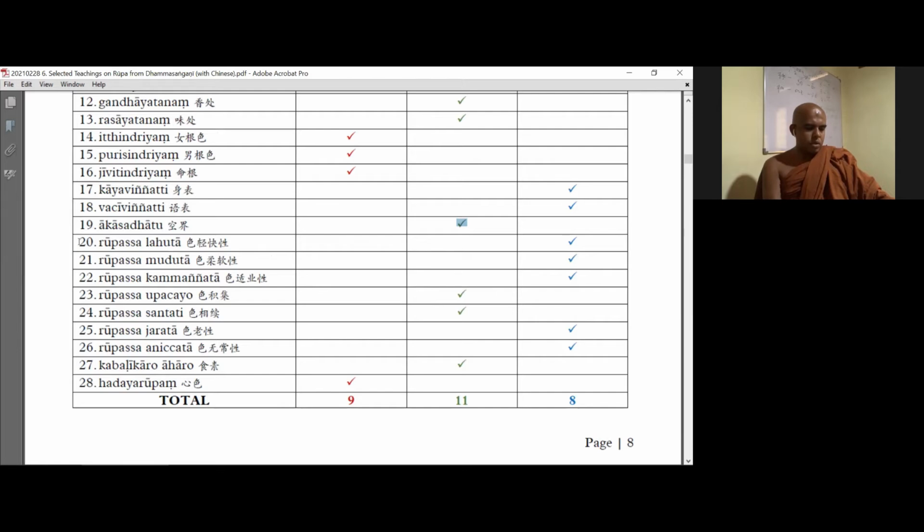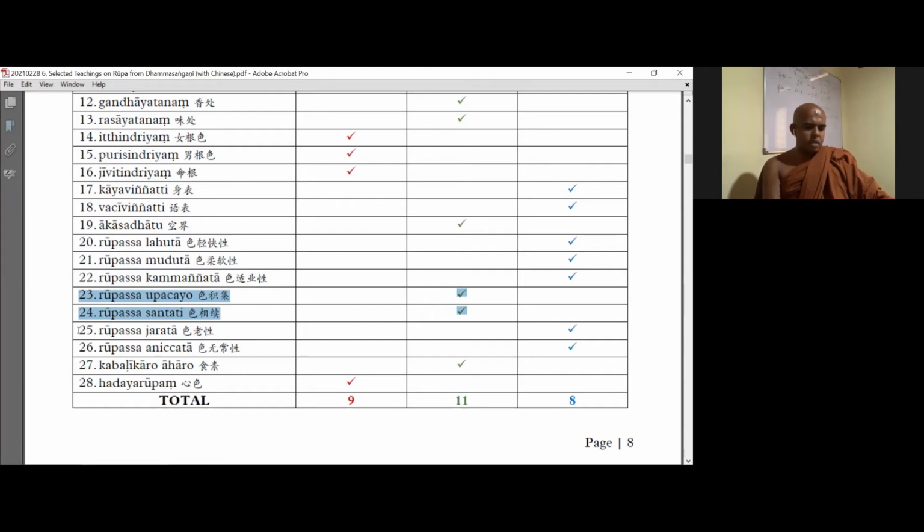And after that, they have the 3 changing Rupa: Lahuta, Muduta, and Kammannyata. Those are included in the Anupadinna group. And after that, they say Upacaya and Santati. Upacaya and Santati are included in the Anekanta, the middle group.